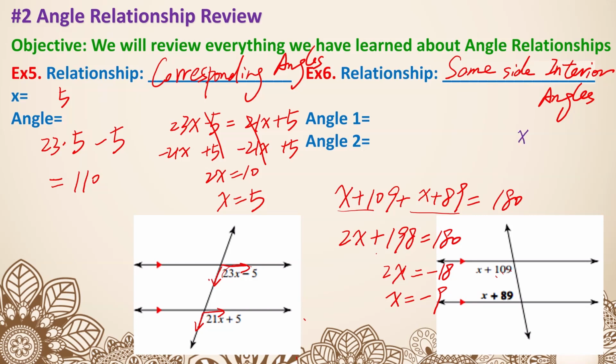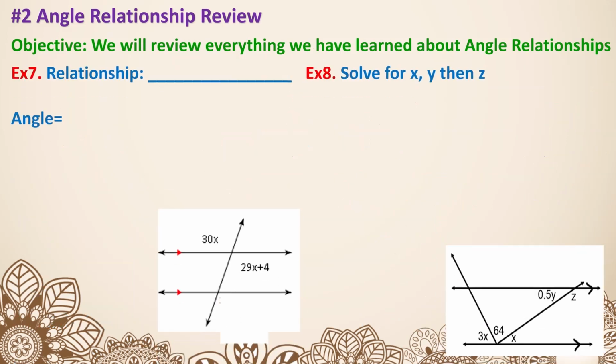So x plus 109 will be negative 9 plus 109, and that is 100. And the other one, x plus 89, will be negative 9 plus 89, which is 80. And there you go. These are the angles. That's example 6.